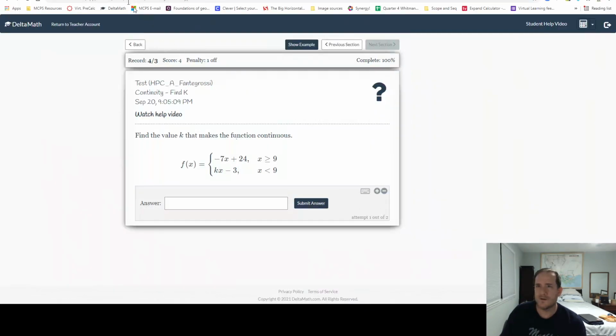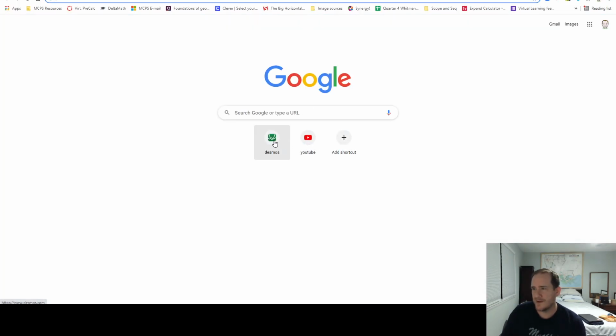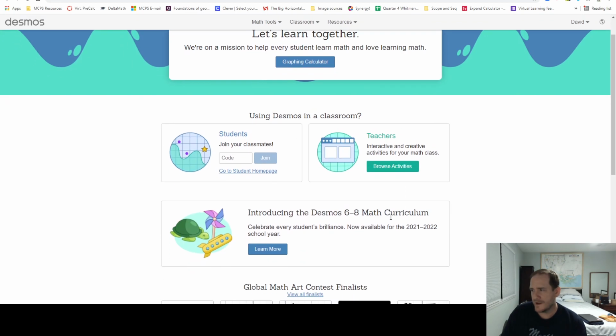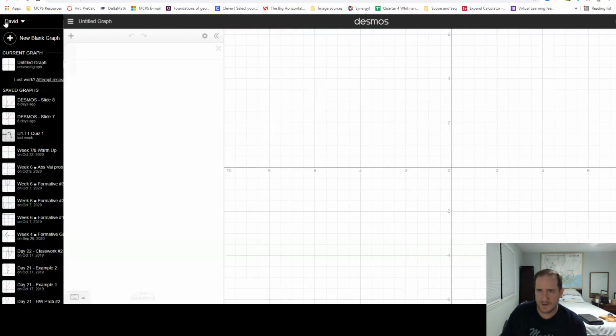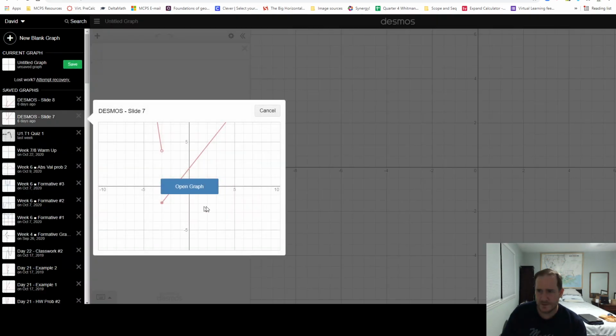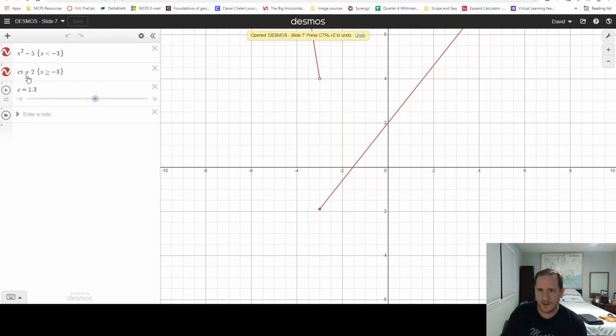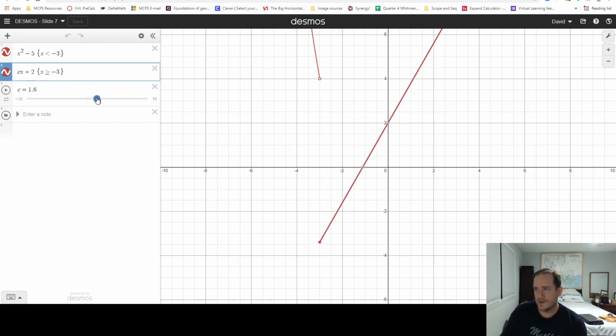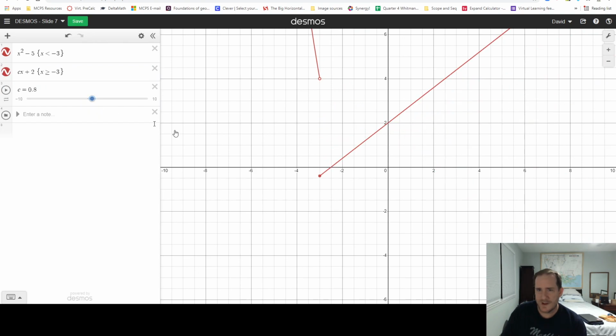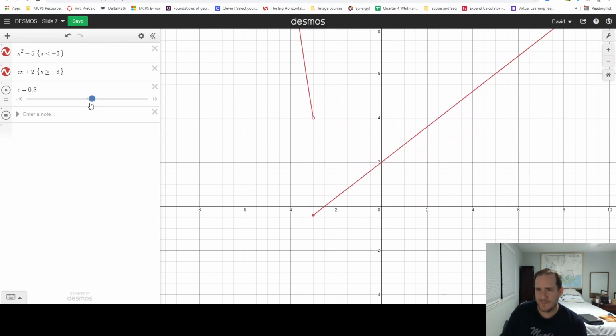I don't know why I'm saying if I had Desmos. I have Desmos. And I even have this exact situation, I think. This one? Yeah, perfect. Look, as I animate the c value, it's going to change the slope. And you guys can see that at some point, I can make it so that I have just the right slope that I can close up my little discontinuity. I guess I already showed you all this, so hopefully it made sense then.